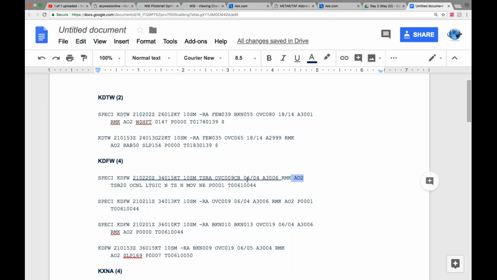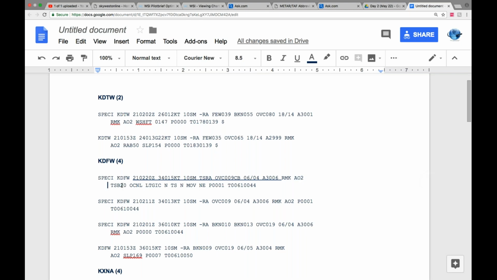And so whenever we see the AO2, we just automatically think, oh, hey, that can tell me whether it's rain or snow or sleet or hail or ice pellets, snow grains, whatever the precipitation may be. It can discriminate and tell me what it is.